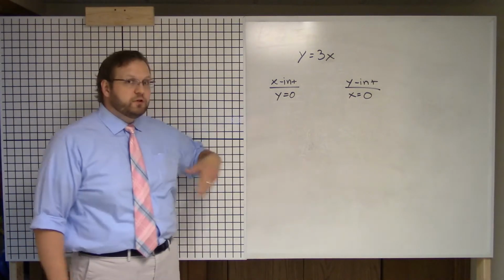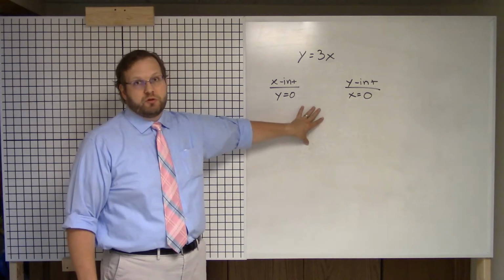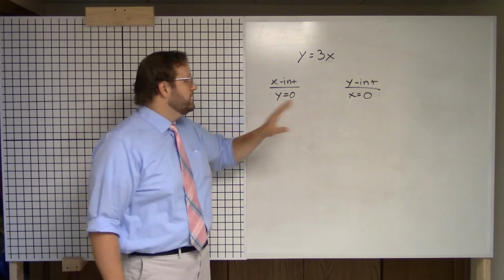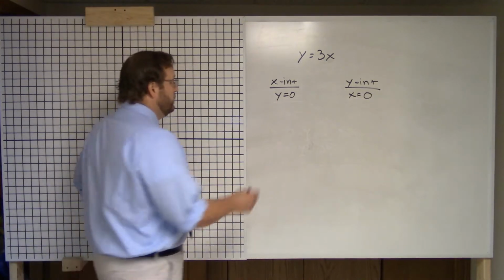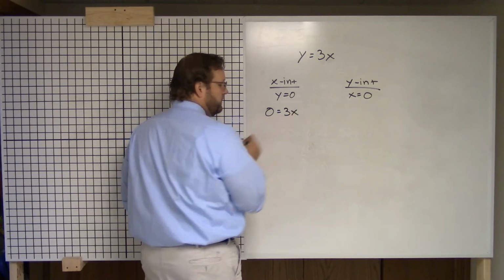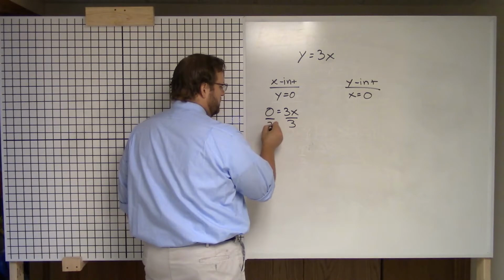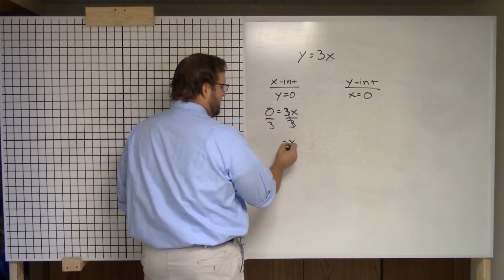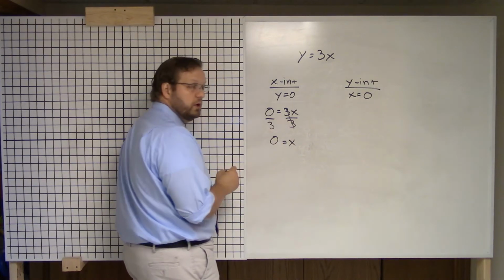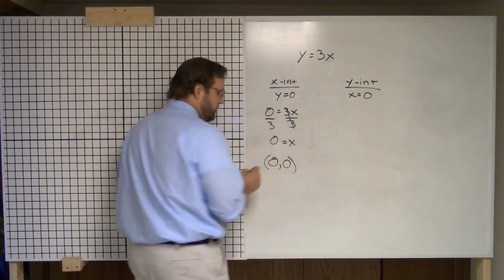So, even if you're taking Calc 3, this will still be applicable to those graphs in those situations. Okay, so when we plug these in, we are going to get 0 equals 3x. Now watch how this comes out. I'm going to divide by 3, and I got x equals 0, which gives me the point 0, comma 0.